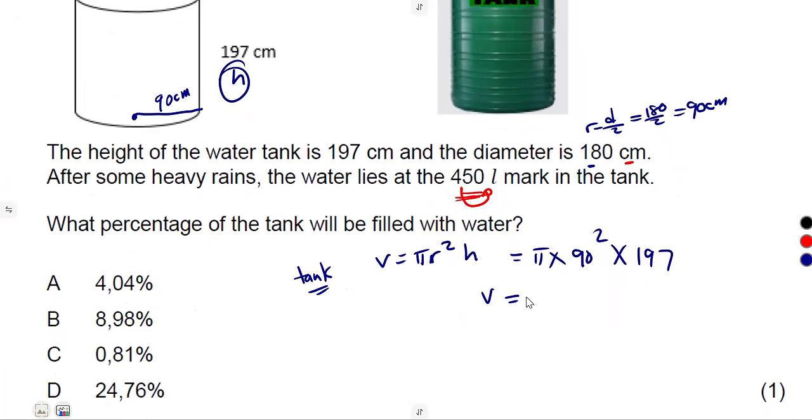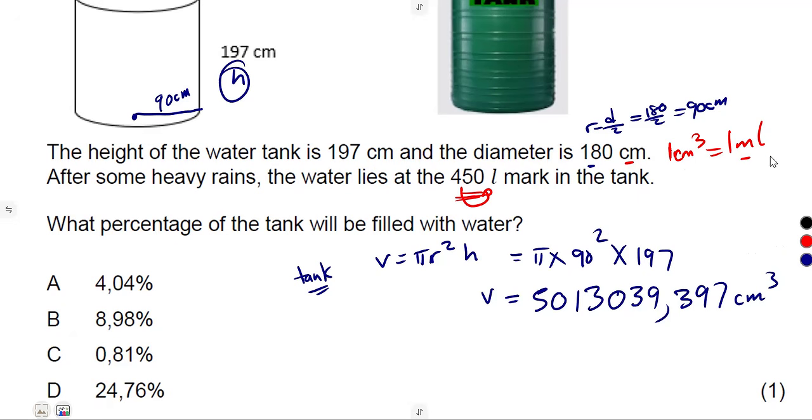So this was going to give us the volume. I'm just going to leave it in terms of pi, or you can even have it as a decimal, but make sure that you store your values on your calculator, guys, all right? So it was going to give us something like 501,303.9397, something like that, in cubic centimeters. So the capacity, remember the relationship I mentioned before, guys. 1 cubic centimeter to what?